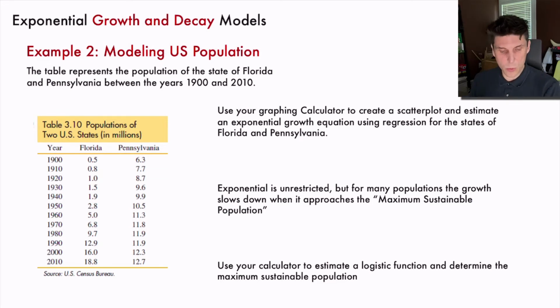But the big takeaway is you're going to have 3 lists. L1 should be shared. That's going to be the domain for both functions. It's going to be all the years that are common to both Florida and Pennsylvania. L2 could be Florida's population, and L3 could be Pennsylvania's population. Just be sure to remember that when you're generating your regressions, okay? So let's do this.